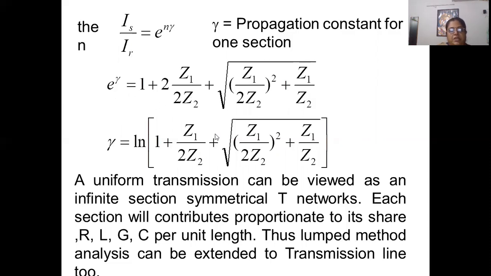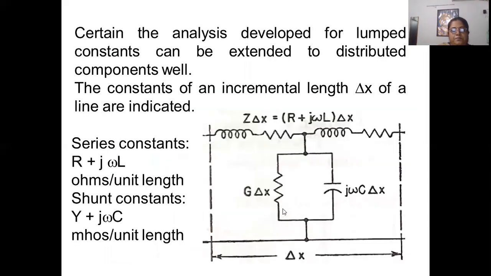A uniform transmission line can be viewed as an infinite number of symmetrical T networks. Each section will contribute proportionately to its share of RLGC per unit length. Thus, lumped methods of analysis can be extended to the transmission line too. Here, the analysis developed for the lumped constants can be extended to distributed elements.